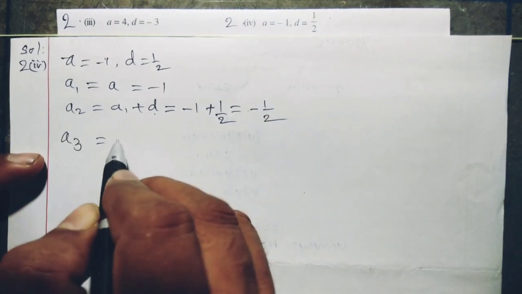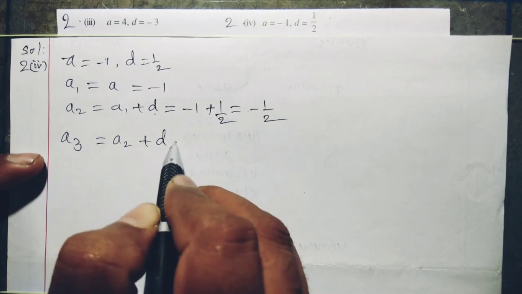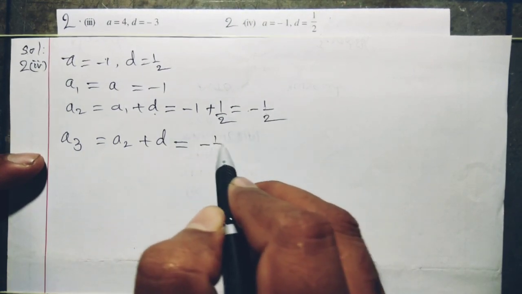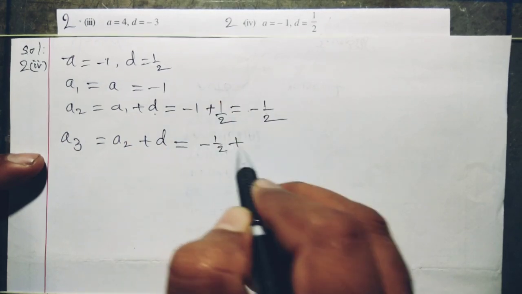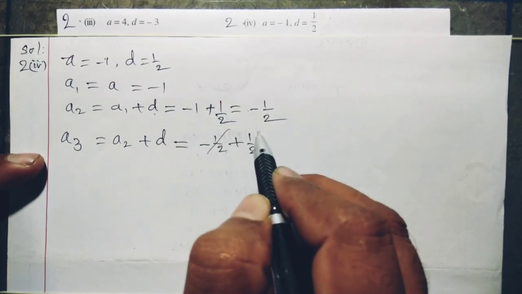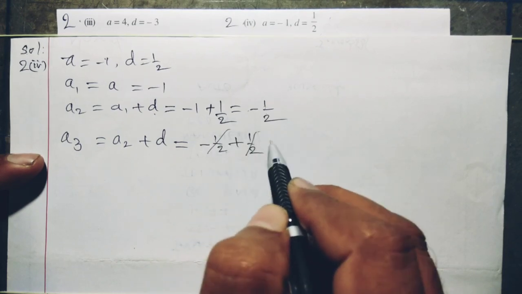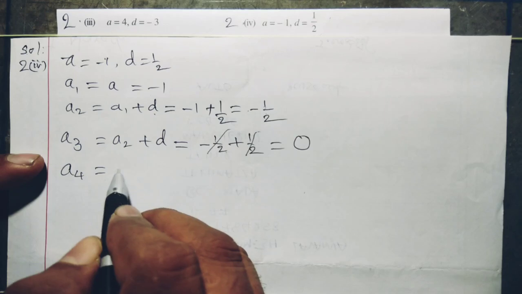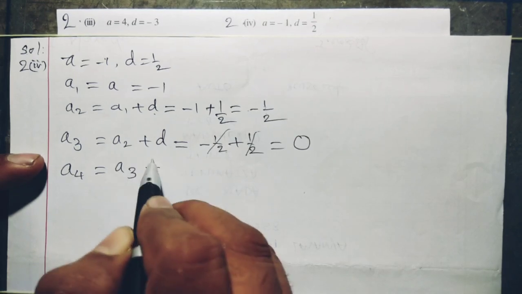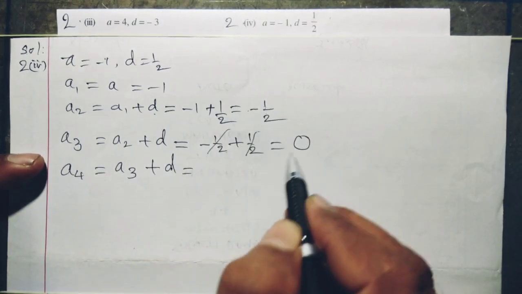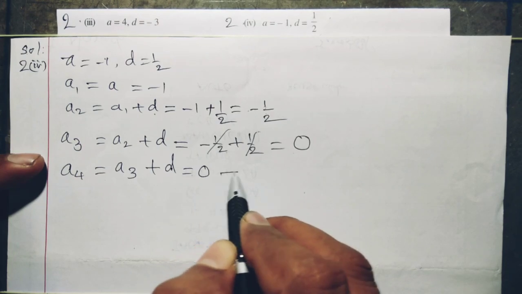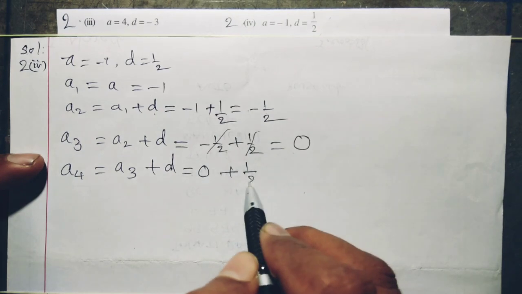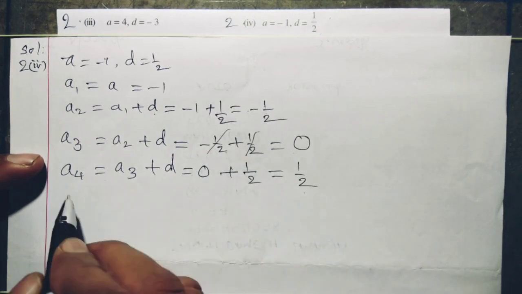A3 is equal to A2 plus D, minus 1 by 2 plus 1 by 2 is equal to 0. A4 is equal to A3 plus D, 0 plus 1 by 2, that is equal to 1 by 2.